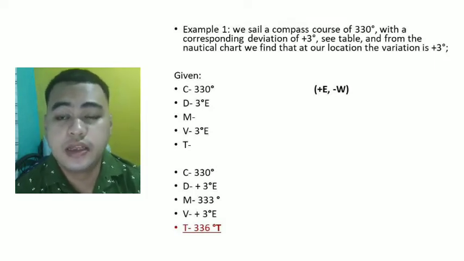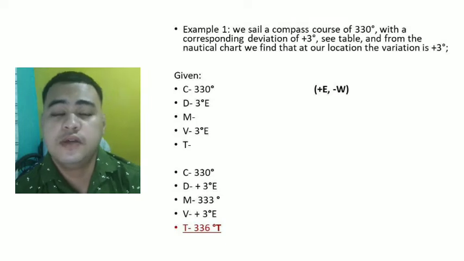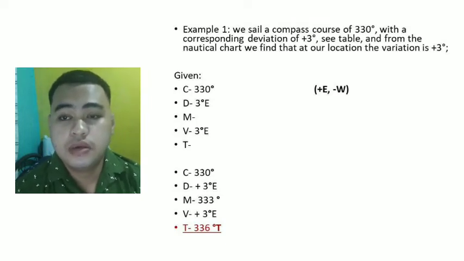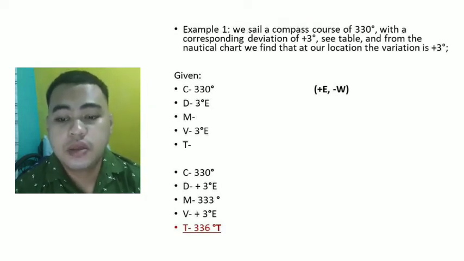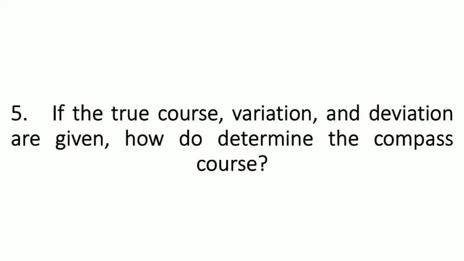Always remember that if it is east, we should add it, and if it is west, we should subtract it. So 330 degrees plus 3 degrees east, the magnetic course will be 333 degrees. Then we add the variation, which is 3 degrees east, so we have the true course of 336 degrees true.